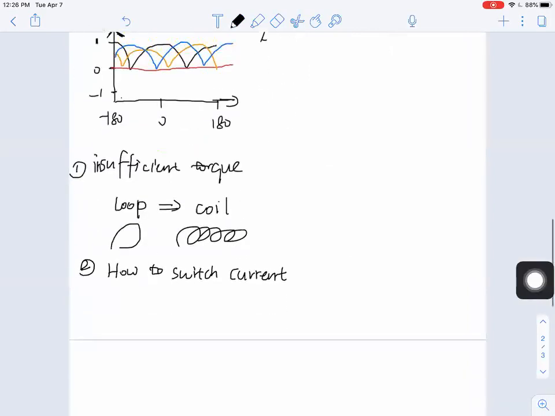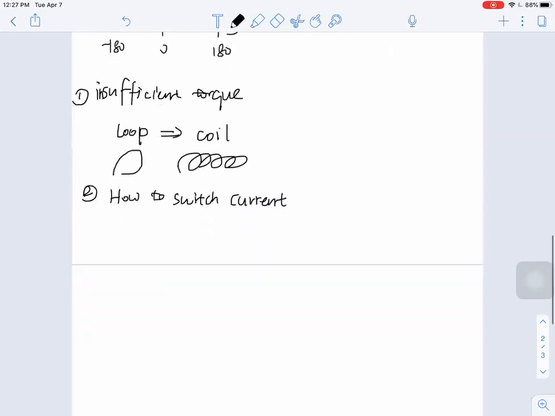But how do we do that? Inside of a DC brush motor, we use a commutator and a set of brushes to do this switch of direction of current. For example, if we have negative and positive, and we have a commutator segment right here and right here.